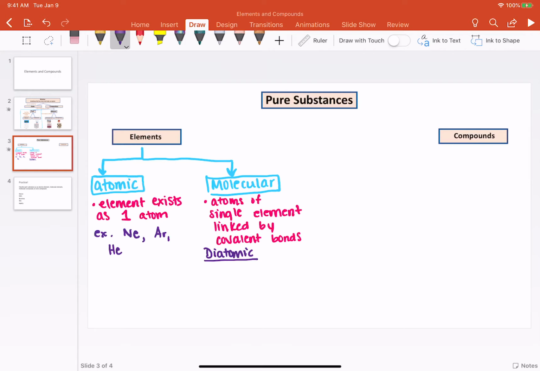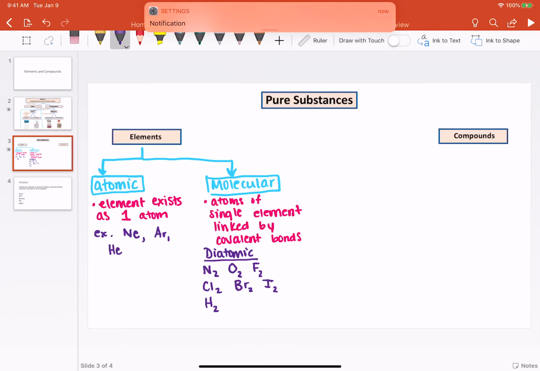The ones that I want you to memorize are N2, O2, F2, Cl2, Br2, I2, and H2. And again, we're going to go back later to talk about why certain atoms form diatomic, molecular elements, while others just remain as atomic elements.